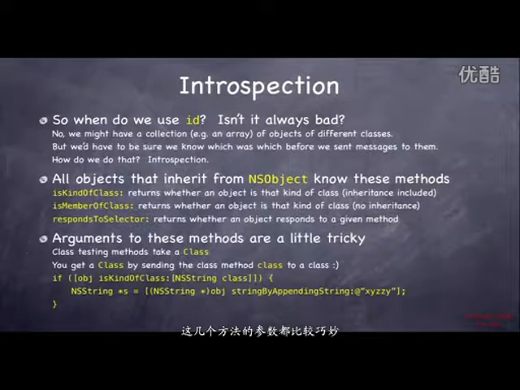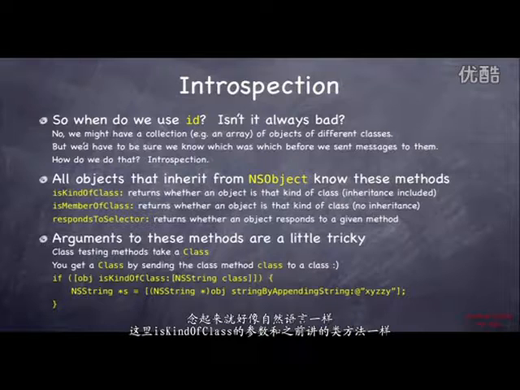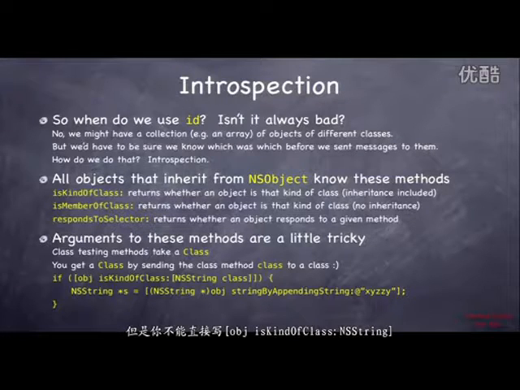The arguments to these two methods are a little bit tricky. So it's kind of a take my word for it. Here we have isKindOfClass. And the argument to it is a class, actually the same kind of class that we were talking about when we talked about class methods. But you can't syntactically say isKindOfClass: NSString, close square bracket.